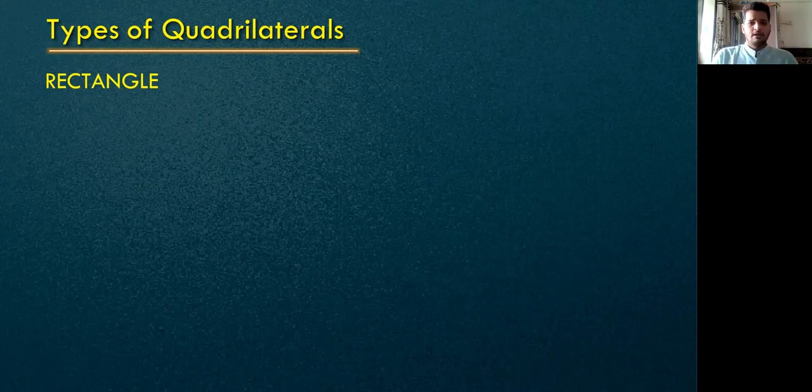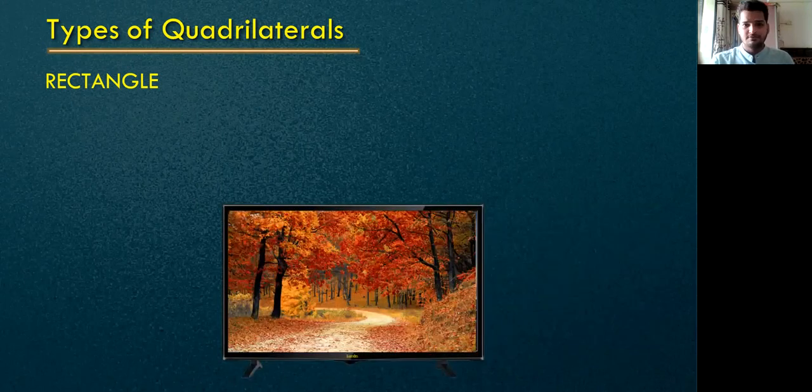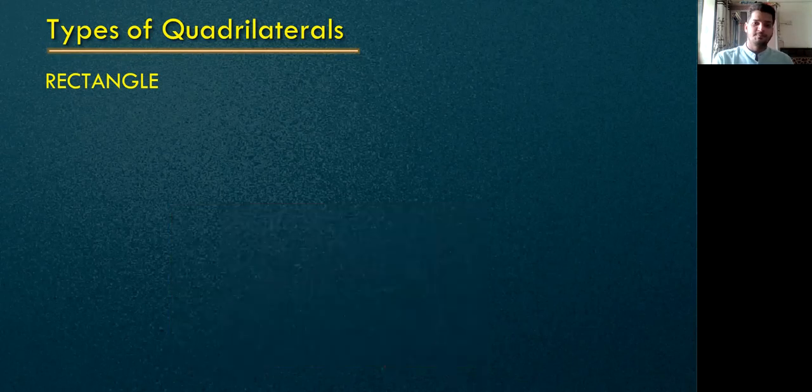But where do we observe rectangle shape in our daily life? If you observe a television, yes, the opposite sides are congruent to each other and they are 90 degrees. Yes, correct. So that means a TV is an example of a rectangular shape.